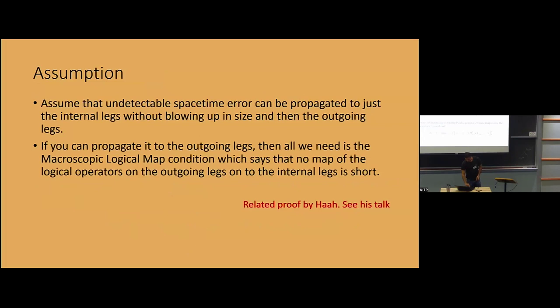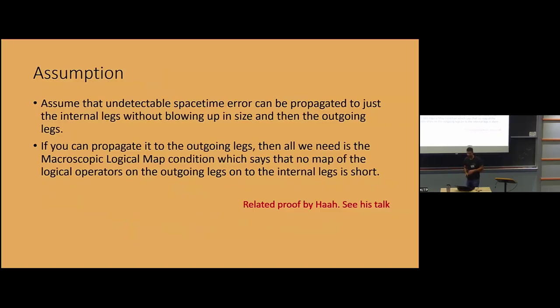Okay, so for showing that this condition works, we assume that any undetectable space-time error can be propagated to just the internal legs without blowing up in size. Let me say what that means.